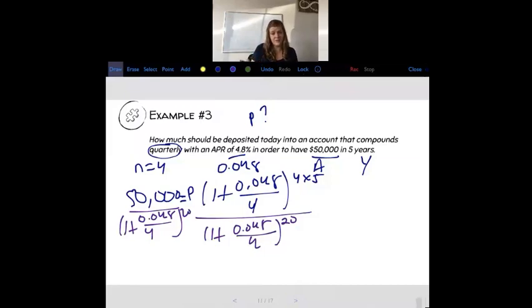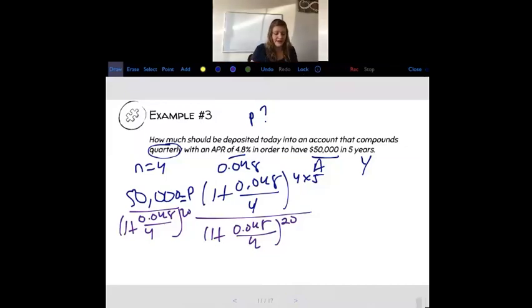You have to keep the number the same until you round at the end. So for instance, if I were to put this, the 1 plus 0.048 divided by 4 raised to the 20th, I get a long decimal. I can't round it yet. I need to keep this number in the calculator.